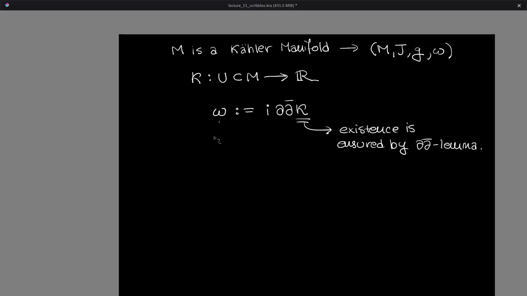Because we know that this is partial bar closed and d exact, it satisfies the preconditions.